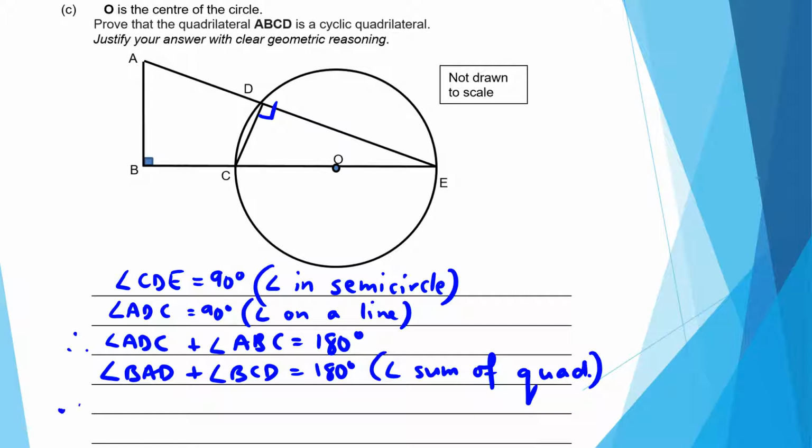So therefore ABCD is a cyclic quadrilateral because opposite angles add to 180.